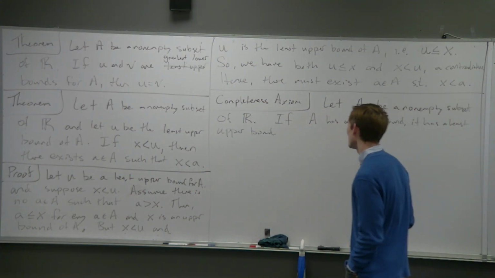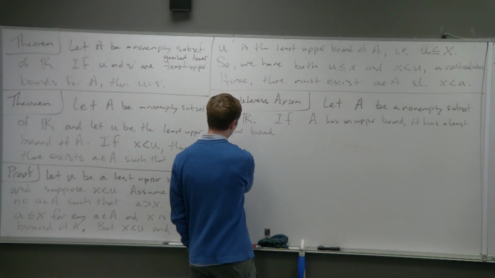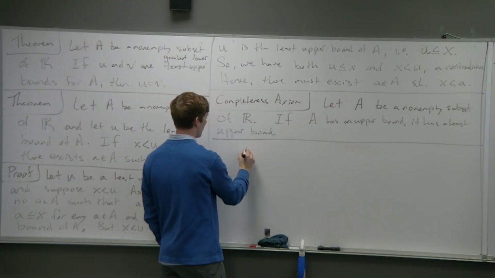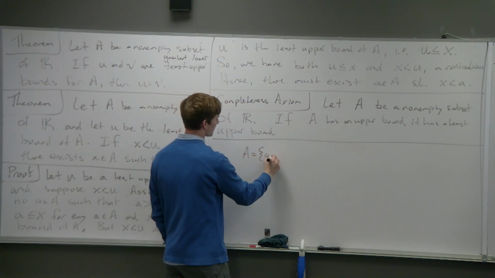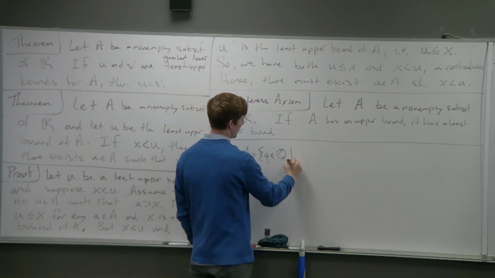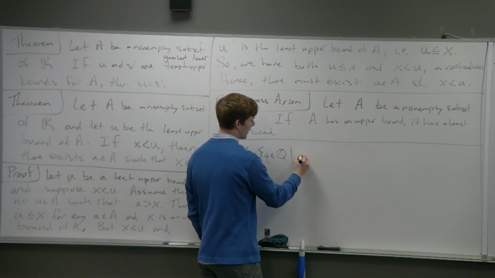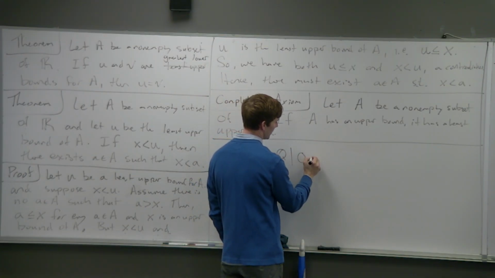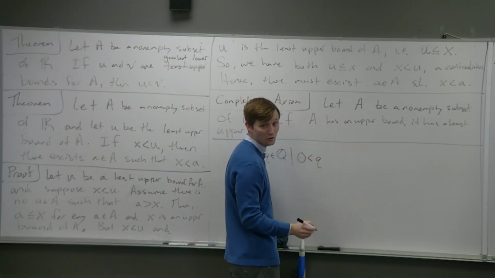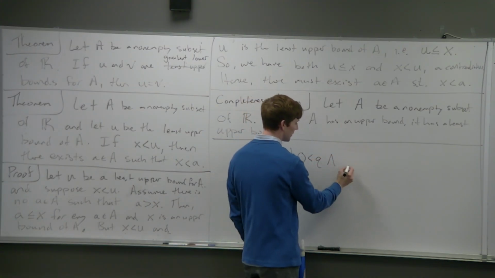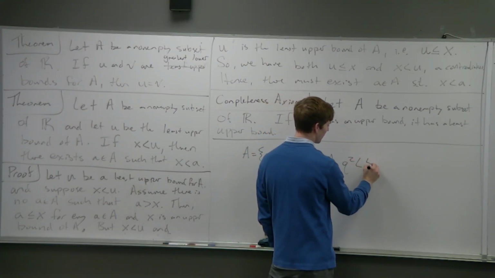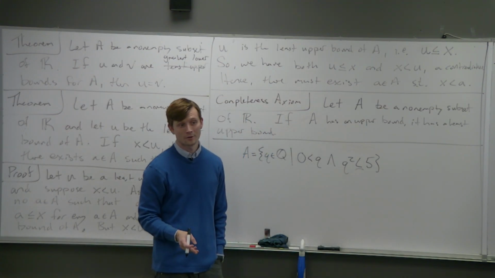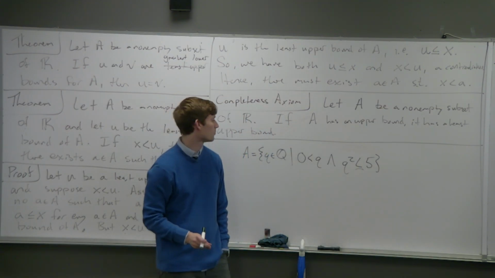Now, if we go back to the set from before, where we had A was Q a rational such that, I'll write it this way, 0 is less than Q, that is Q is a positive rational, and Q squared is less than 2.